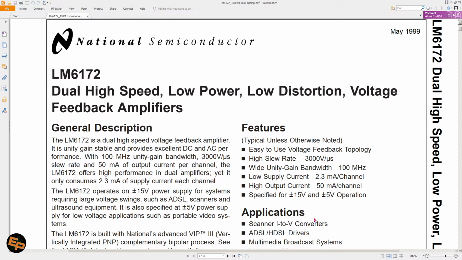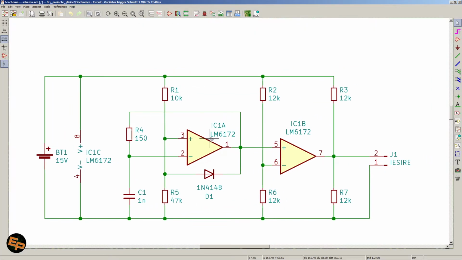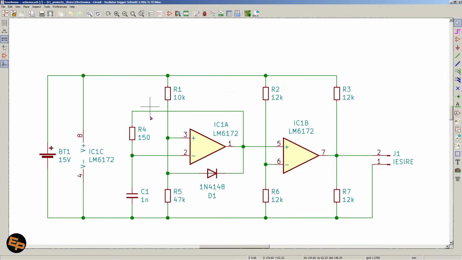Basically I created this circuit, which is pretty simple. It uses both op-amps from this integrated circuit. Both of them are comparators, and my idea was to create the simplest form of an oscillator possible.